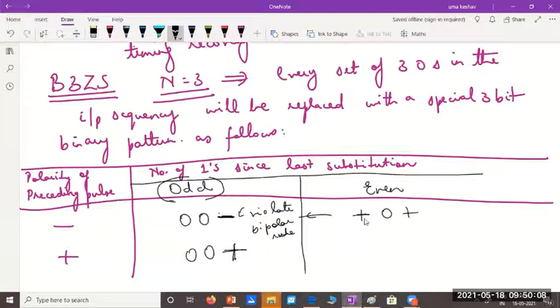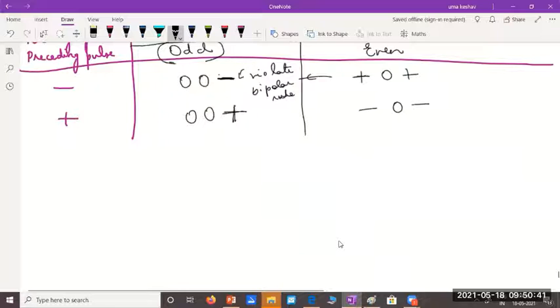Here 2 consecutive negatives, here 2 consecutive positives. So again, I'll know how many ones there were since the last substitution. This will also help me for error correction. If I have this kind of replacement, I know that there should be an even number of ones after my last substitution. And again, if the preceding value was a plus, this will be minus, 0, minus. Okay, so this is the pattern which you should remember.